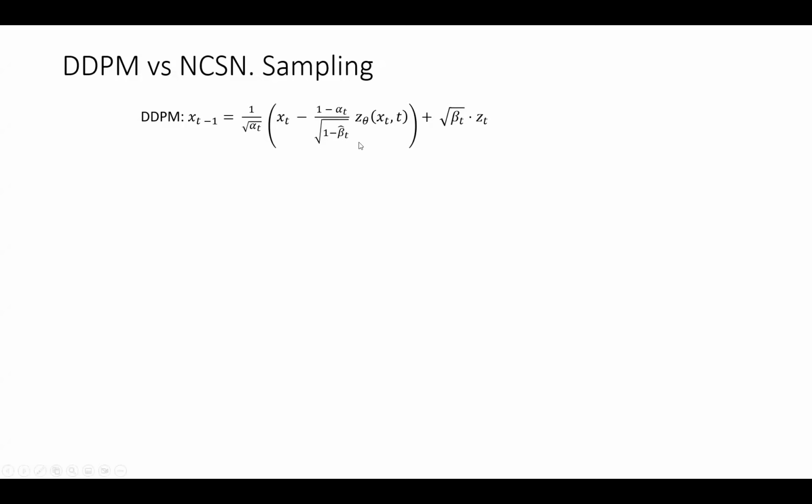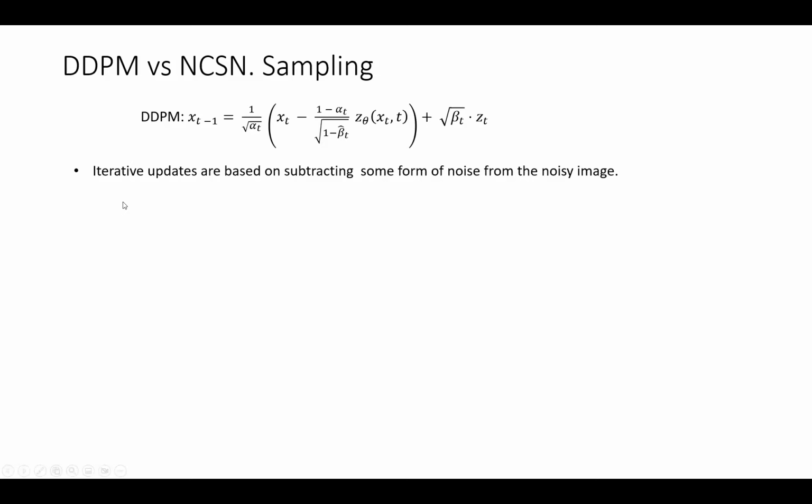Once we have Z theta, that becomes part of the mean vector, and then we can take XT and use this and beta T, and this is ZT, the random sample from the Gaussian distribution. And this is the way we generate XT minus 1 from XT. So that's our sampling for the first method.